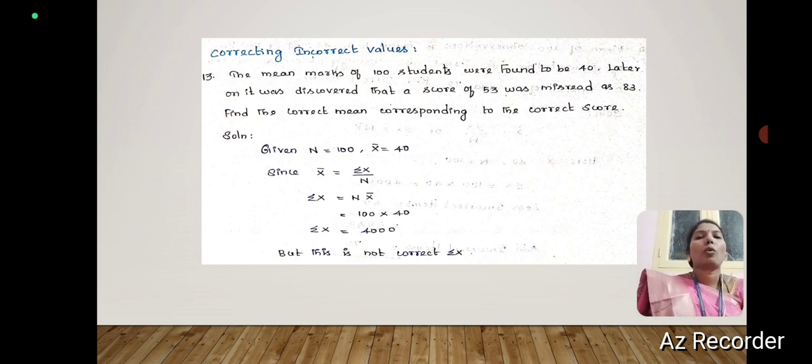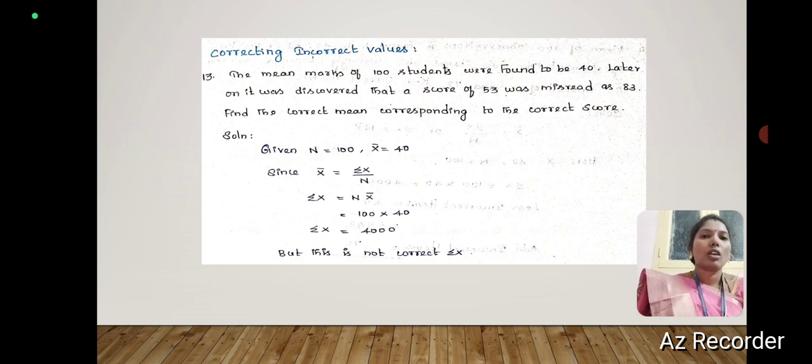And the next problem is correcting incorrect values. Here the problem can be given as a statement. We have to find the correct mean of the problem. The problem is: the mean marks of 100 students were found to be 40.